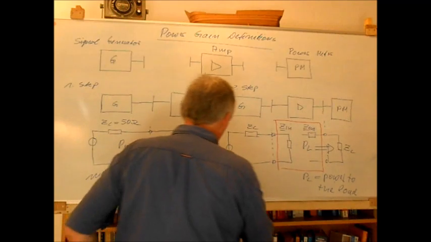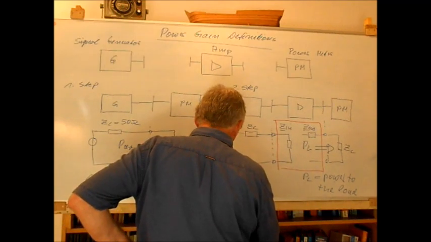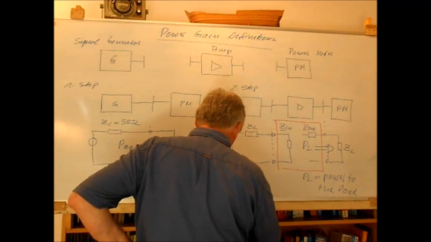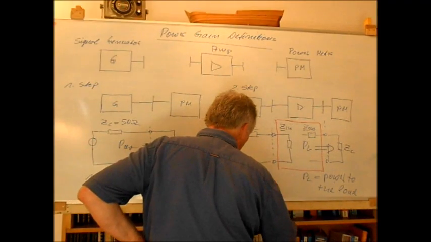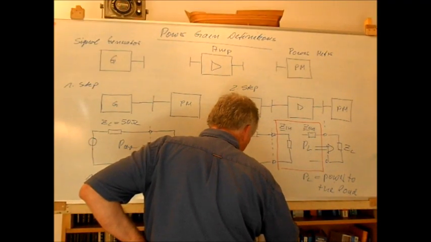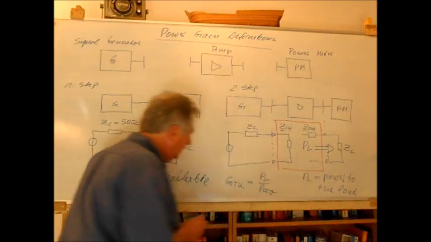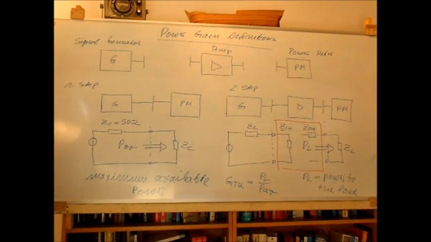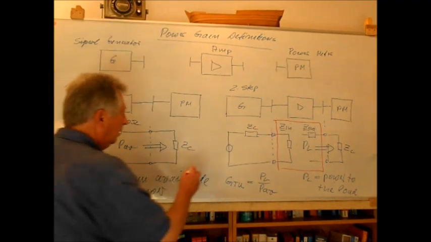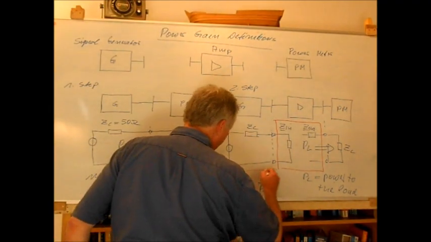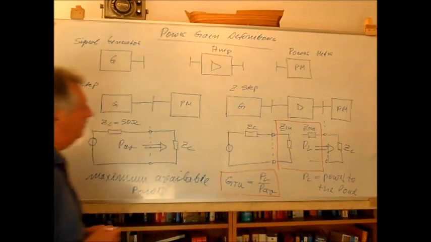And what we define now is the so-called transducer power gain, which will be defined as PL over PAV. So this is the transducer power gain, which we will discuss in further detail in the next step.